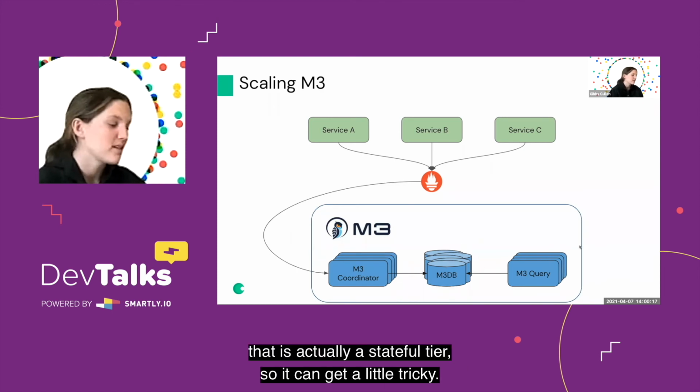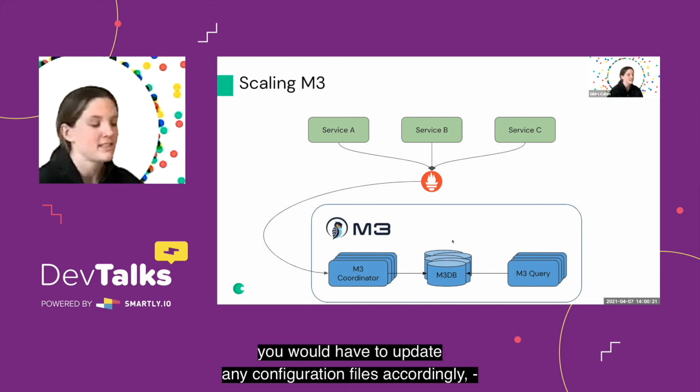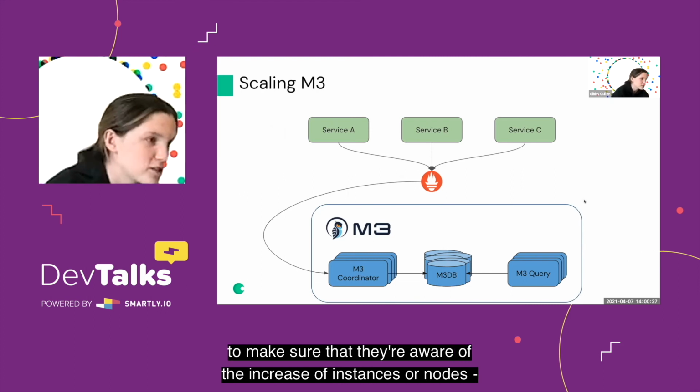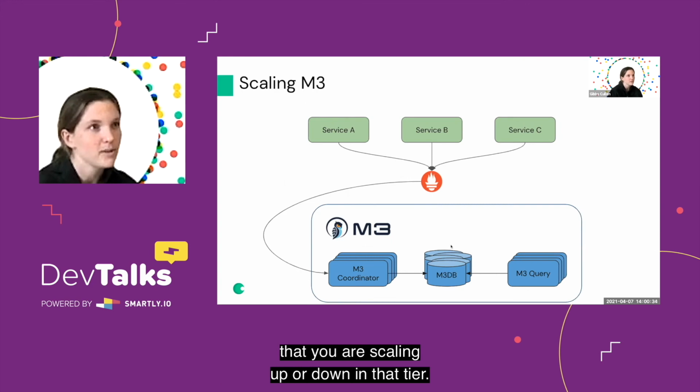That's where it can get a little bit tricky, because if you wanted to scale this up, you would have to update any configuration files accordingly to make sure they're aware of the increase of instances or nodes that you are scaling up or down in that tier.